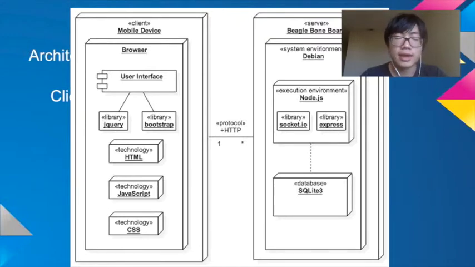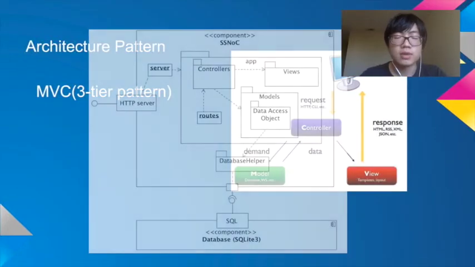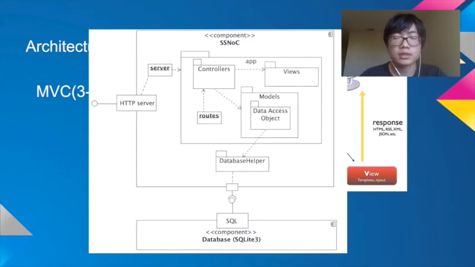In addition to the client-server style, we adopted the MVC pattern to implement our software system. This diagram shows how our system works. The clients access the server with some HTTP requests, and once the server receives a request, it will use a router to dispatch the request, and then the corresponding controller will handle it. To deal with the target business logic, the controller will probably take advantage of the models.